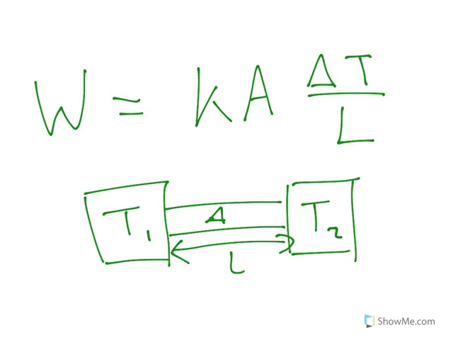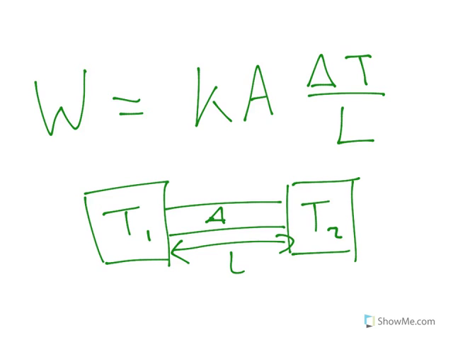This is the equation that describes conduction heat transfer, where W is the rate of exchange of energy, K is just a constant that describes the conductivity of the object that connects these two objects at different temperatures.